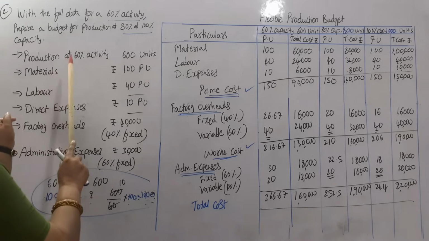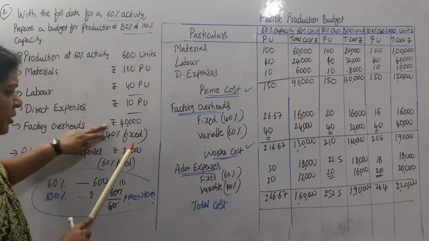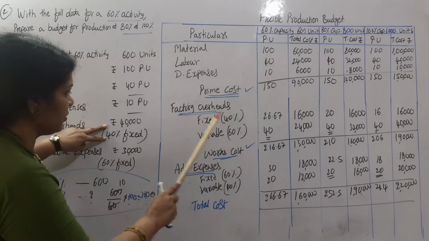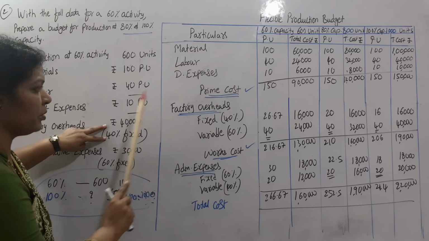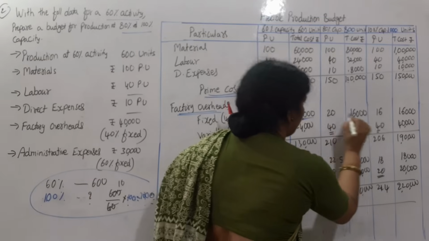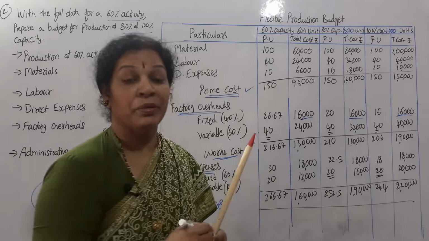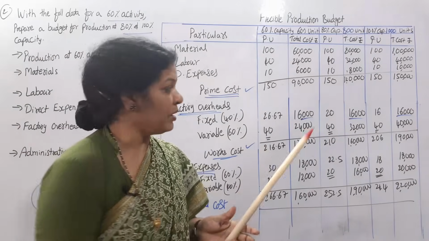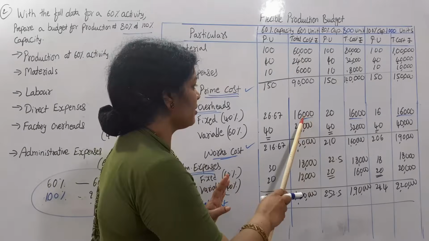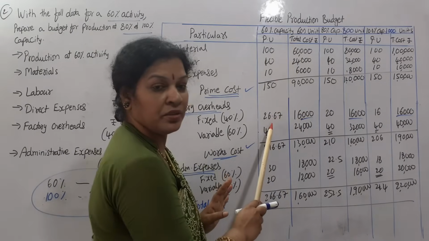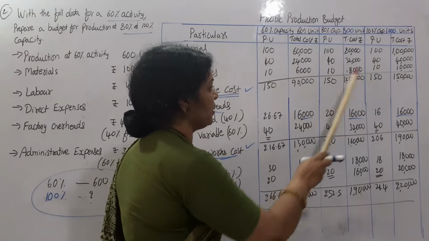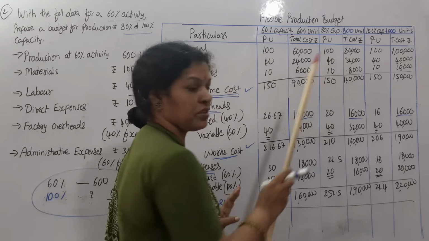Factory expenses are given as 40,000, 40% is fixed. 40% of 40,000 is 16,000. We write 16,000 everywhere because it is fixed. Once we write this, per unit cost is easy. 16,000 divided by 600 is 26.67. In the same way, 16,000 divided by 800, 20. 16,000 divided by 1,000, 16.